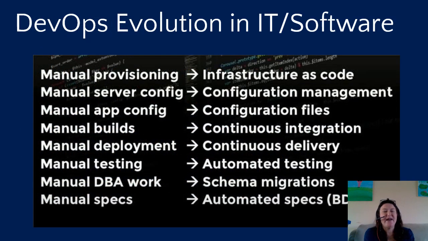An idea of how DevOps evolution is happening in IT and software. So we're moving from the left-hand side towards the right-hand side. So ideally, if you've got an ideal DevOps company, you're all on the right-hand side. So rather than doing manual provisioning of servers and installing operating system software and updating packages manually and so on, you're going to use infrastructure as code.